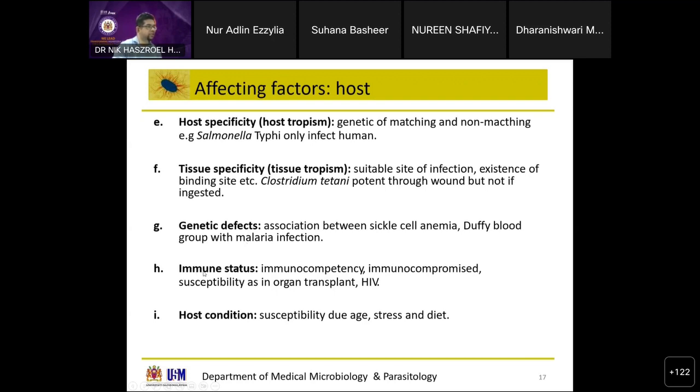And then there is also immune status: immunocompetency, immunocompromise, susceptibility, patients on oncologic treatment, patients with organ transplant, HIV. All these are factors which affect the host. There are also host conditions such as age, stress, and diet. These are also factors which affect the host.